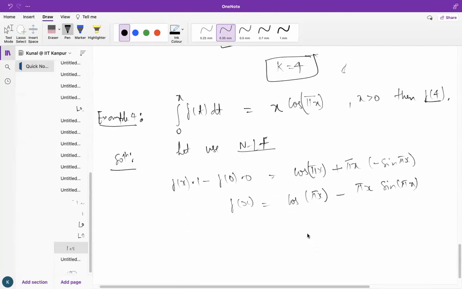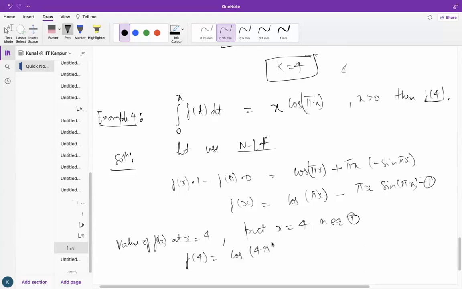And what we have to find here is the value of f of x at x equal to 4. So do nothing. Let us suppose this is equation number 1. So put x equal to 4 in equation 1. So we get f of 4 is equal to nothing but cos of 4 pi minus 4 pi sine of 4 pi.